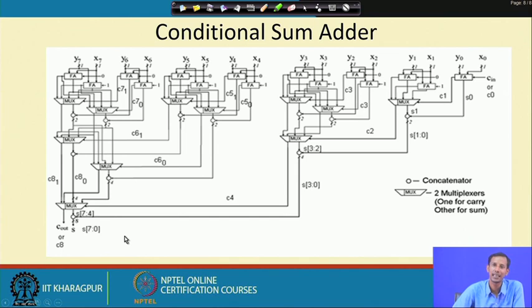Here, if I consider the delay term, what is the maximum delay over here? One of the paths is from y0: this full adder, then 1 multiplexer, then 2 multiplexer, then 3 multiplexer.